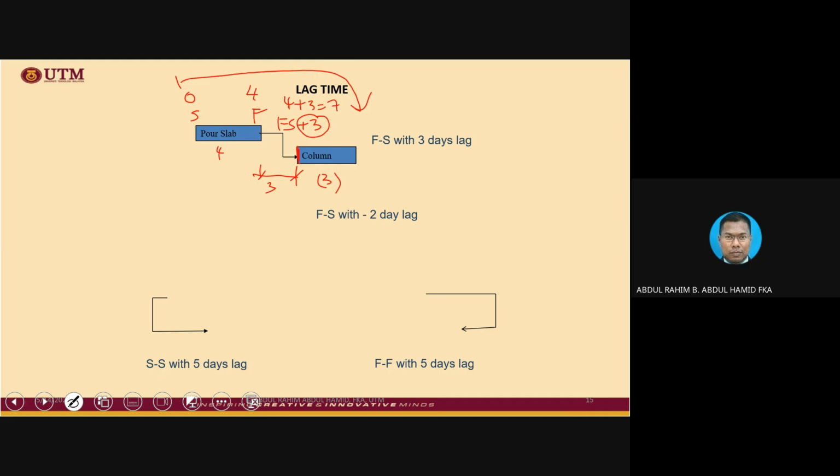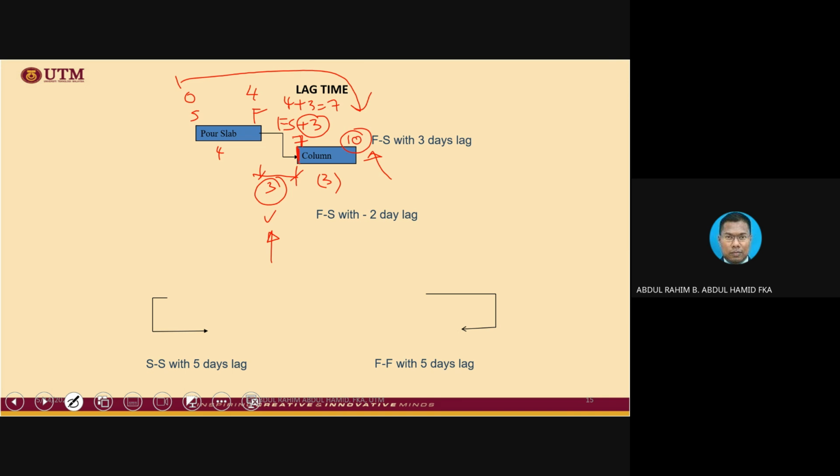So the column will start on day number 7 after we incorporate this lag. Then 7 plus 3 will be 10. So we are going to complete the project in 10 days. Why? Basically, it is a little bit late, because we incorporate lag or delay in between activities.